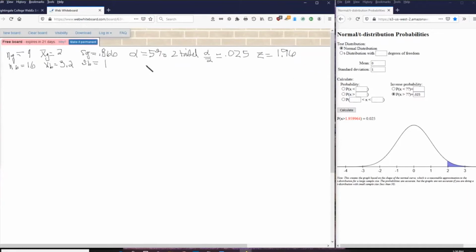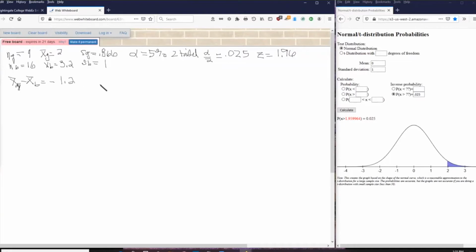We have an unknown population. We found the differences of our means, and we found that to be 1.2.